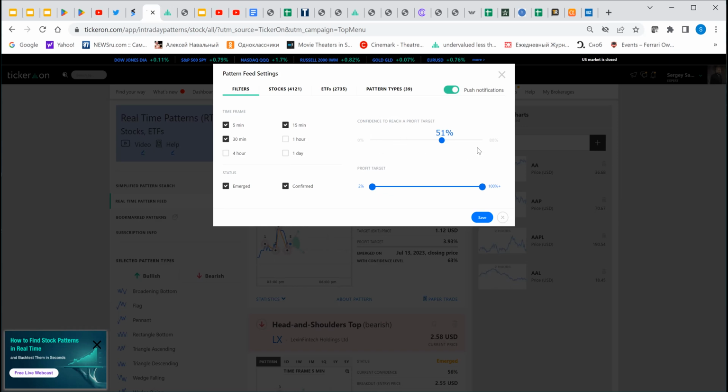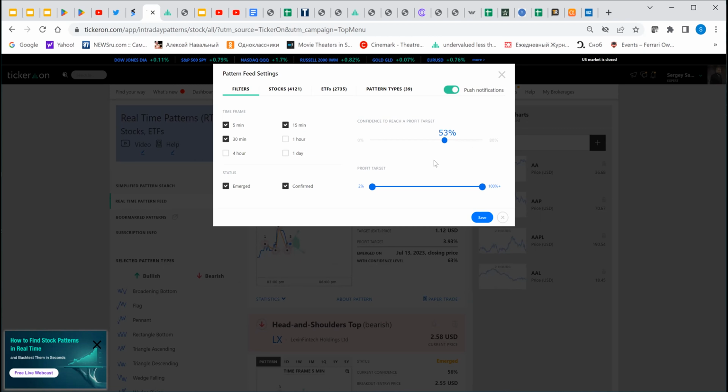Another important element in this search is the confidence level. Confidence level is based on the backtesting data, and I will show you how to get it. And then it's a kind of intuitive type of approach where you say, okay, I want a 50 or 51 or 53% confidence that it's going to reach the target price.